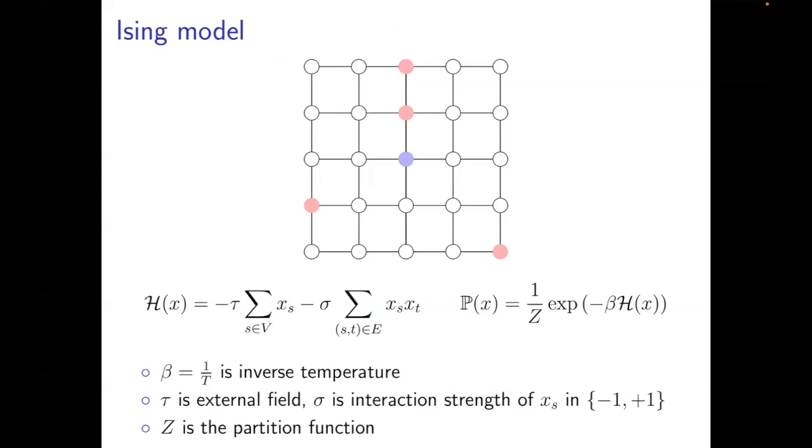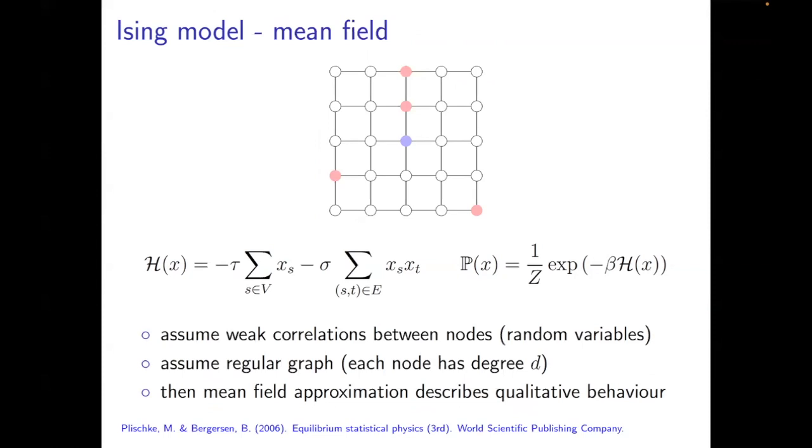And of course, the partition function, which is very important. And we work towards the mean field to get a qualitative idea of what may be going on. So we assume weak correlation between the nodes. We usually assume a regular graph, so each node has a fixed number of connections. And the mean field then gives a reasonable approximation of the qualitative behavior.